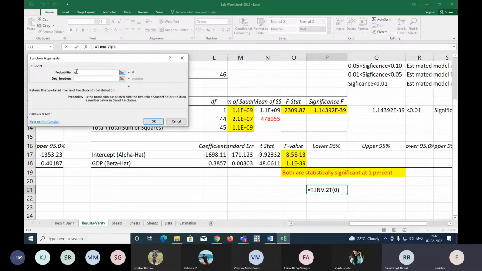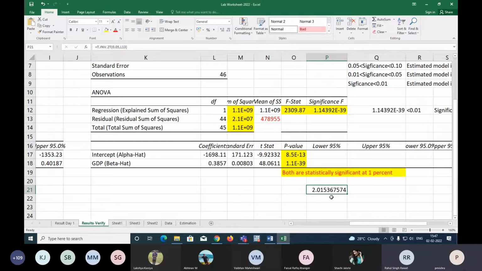Probability is 0.95, meaning basically 0.05. And degrees of freedom is basically 44, that is N-2. This is the theoretical value of T at 5% significance level or 95% confidence level.